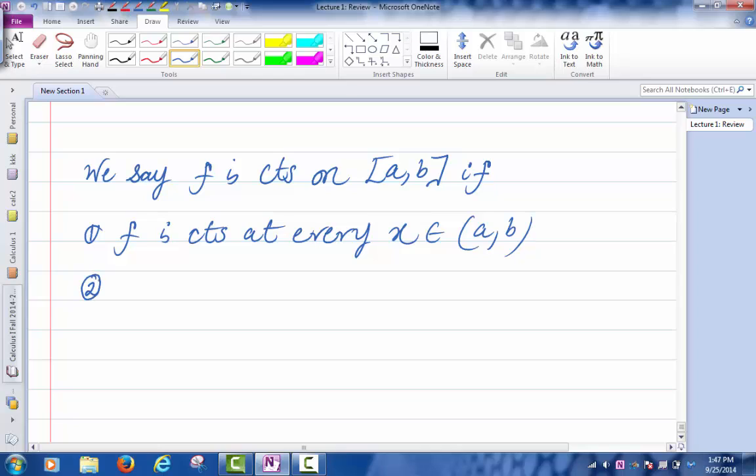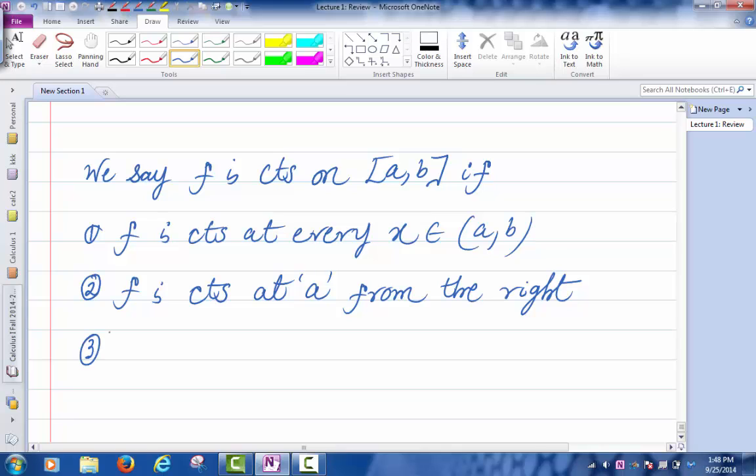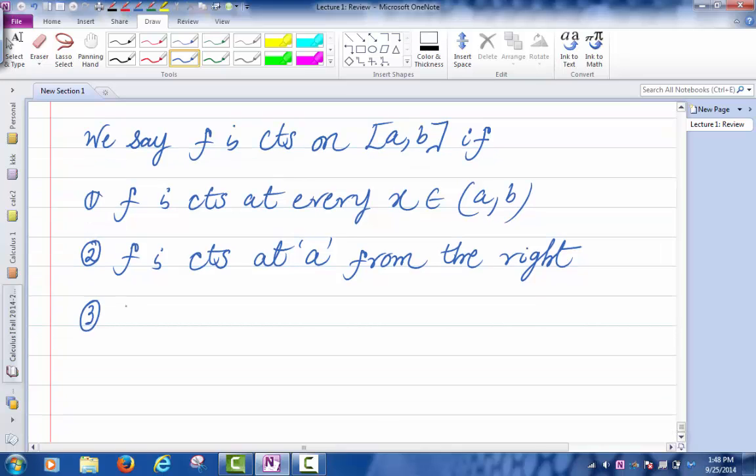And two, f is continuous at a from the right, and three, f is continuous at b from the left.